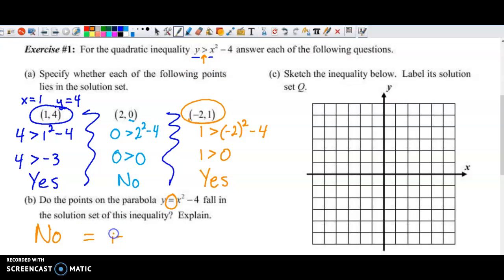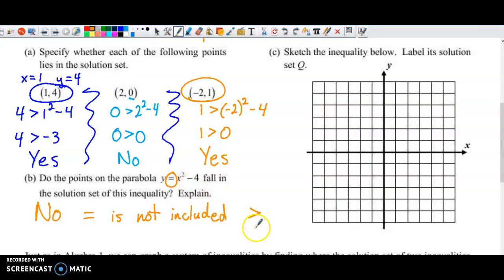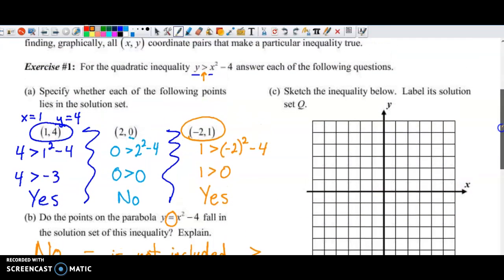Equal to is not included in the statement of greater than. If it were greater than or equal to, then it would be included, but it's not. So the way we distinguish it is we put a dashed line, or dotted, depending on your teacher or textbook. We put a dashed line to indicate that. You may have learned that in Algebra 1.